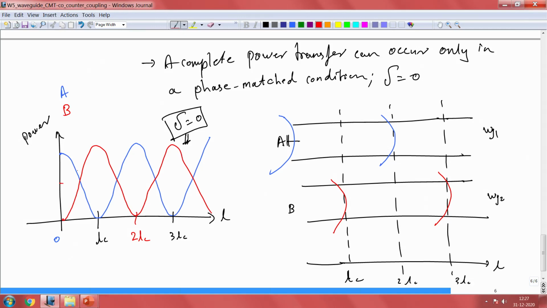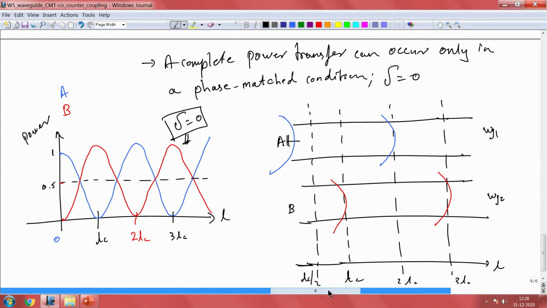Here you have 50% of the power, 0.5 here, and here is 1, a complete power transfer happens here. If you want to split the power between two different waveguides, if it is a power splitter, you want to split between these two, you should choose 0.5 LC or LC by 2.